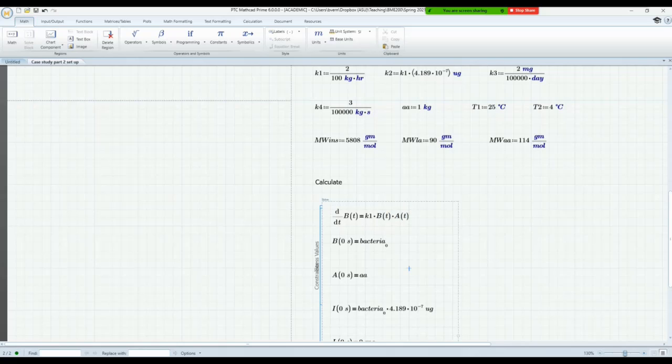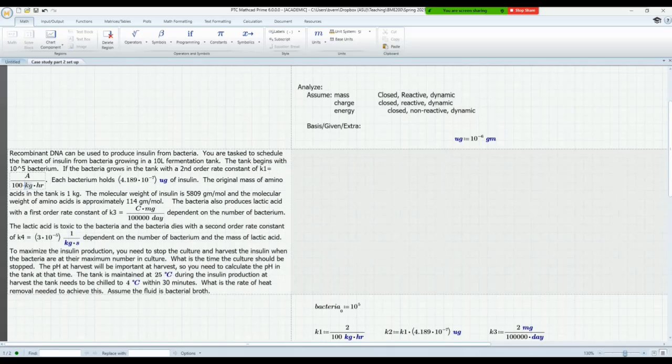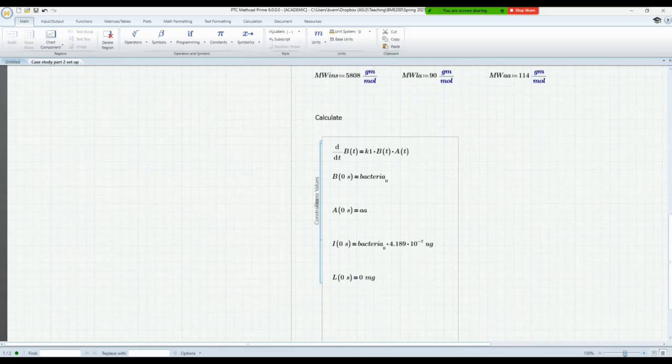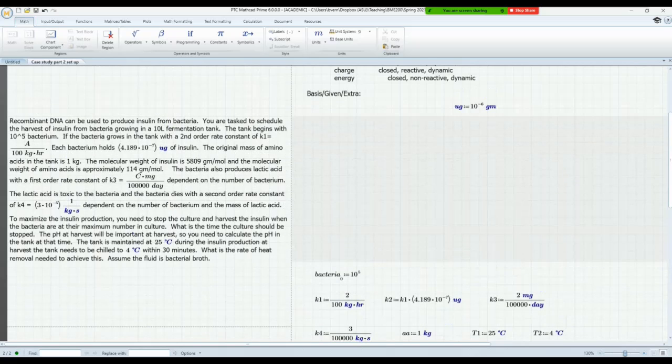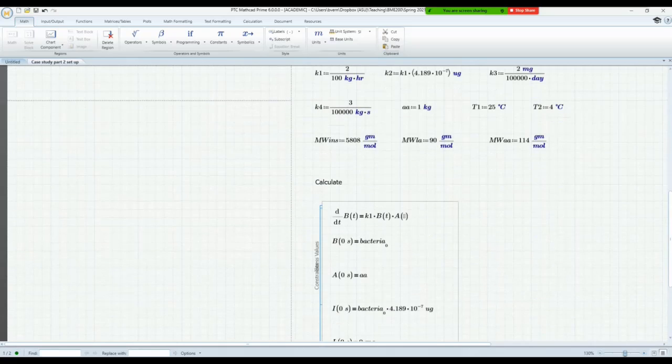Now, if it was first order, you would get rid of this kilogram down here. K1 is 1 per time times the number of bacteria, so the number of bacteria per time is changing at a dB/dt. If it also depends on how much amino acid is there, then the amount of amino acid is in kilograms. So then you'd need a kilogram in the denominator of this K1 so that it cancels out the mass from this A here.